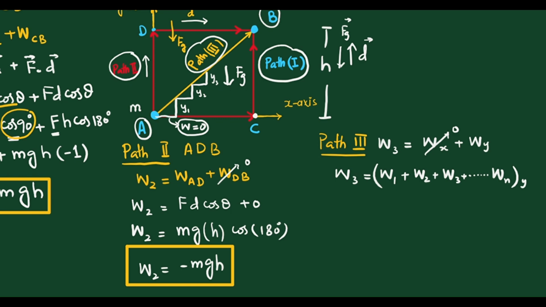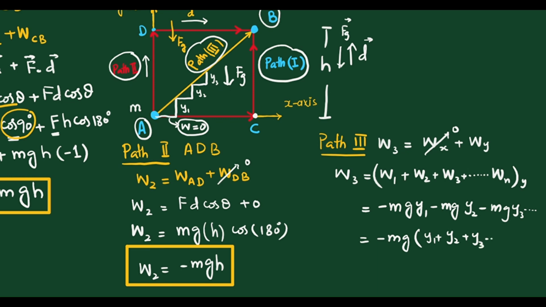Along the y components, the first work done will be equal to minus mg y1, plus minus mg y2, minus mg y3, and so on. Minus mg is common, times y1 plus y2 plus y3 plus so on up to the last yn.